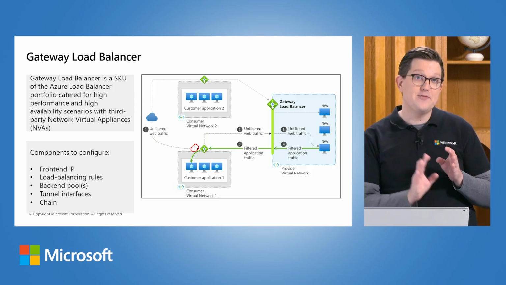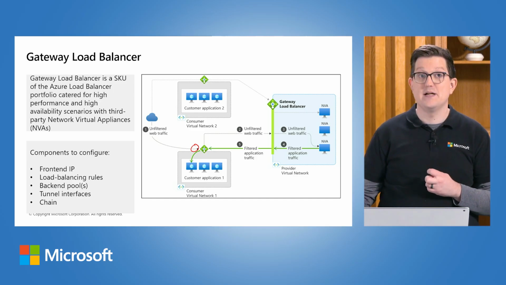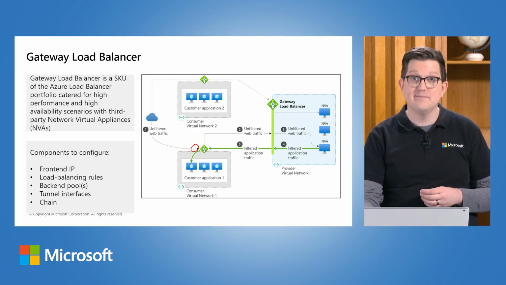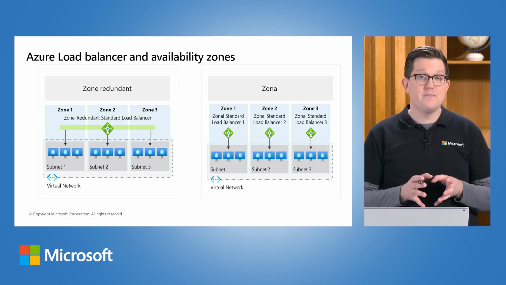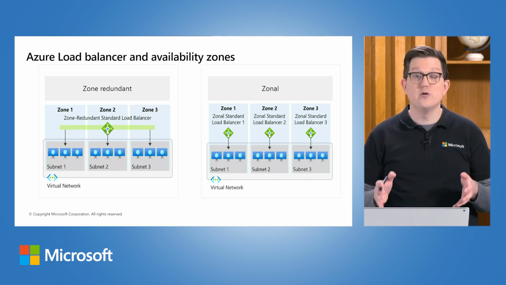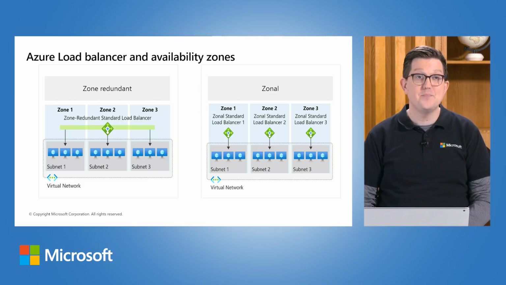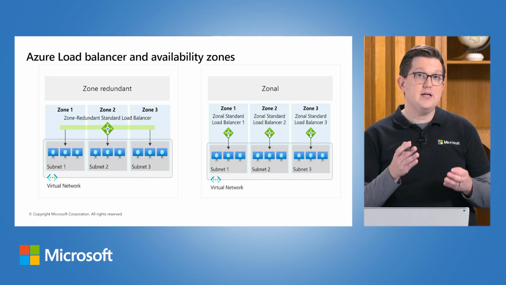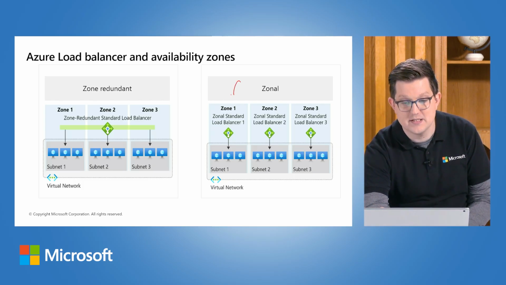All right, enough about the gateway load balancer. Let's roll back to just the normal Azure load balancer, what I covered in the whiteboard there. Depending on where you deploy your load balancer, some regions support availability zones, and so does Azure Load Balancer. You can either deploy them in a single zone at a time, like we're seeing on the right-hand side.